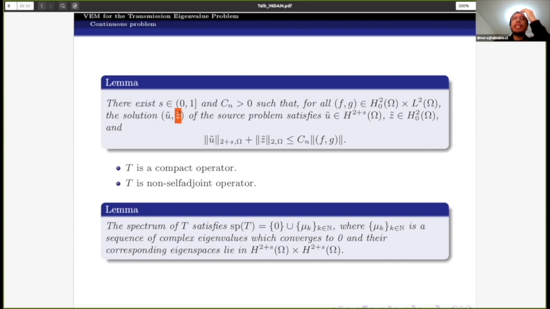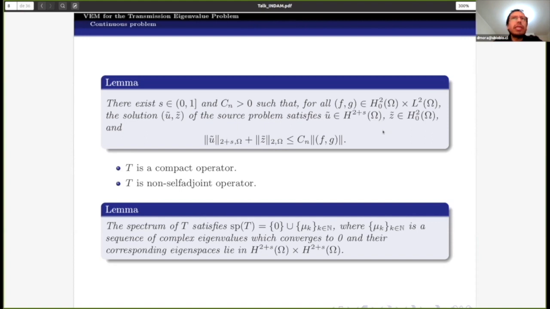So we have an identity with the data, exactly equal to G. In the second component, we have an identity here, and we get this estimate. As a consequence, T is a compact operator, but it is not self-adjoint.